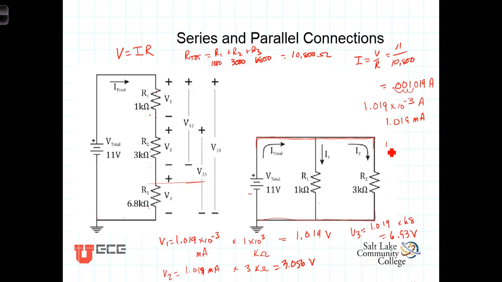We can calculate I1. I1 is just going to be the voltage across R1, which is 11 volts, divided by 1 kiloohm. 11 divided by 1 is 11. Now we're dividing by a 10 to the third, so in the denominator we have 10 to the third, which gives us a 10 to the minus third in the numerator, or that would be 11 milliamps.